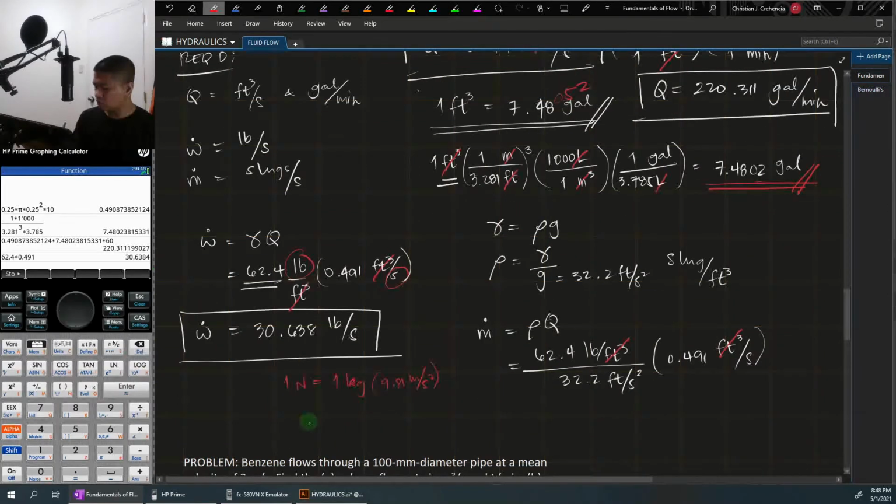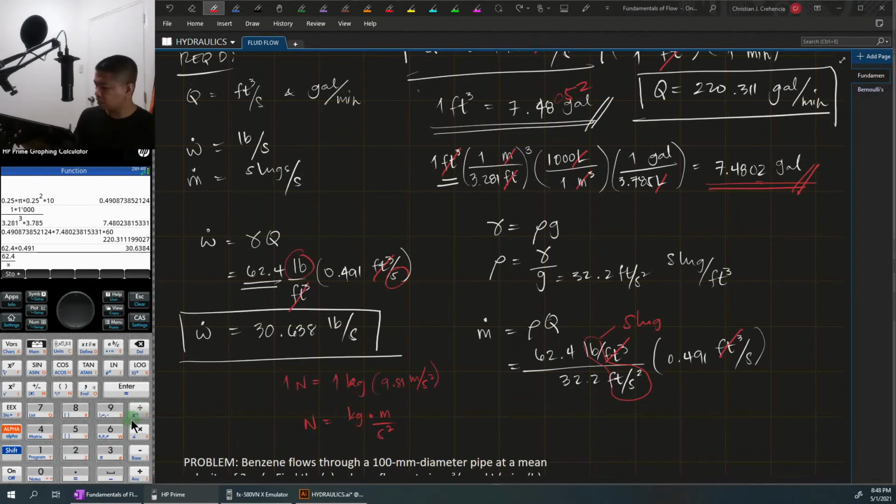So yung unit natin na Newton is kilogram meter per second squared. So dito ganun din, no? This is force, yung pound natin is a force. Then if you divide that by the gravitational acceleration in feet per second squared, ang magiging unit nito ngayon is slugs.